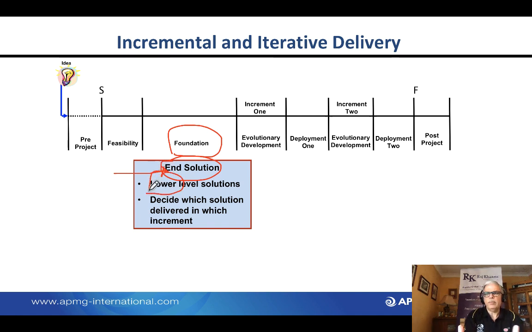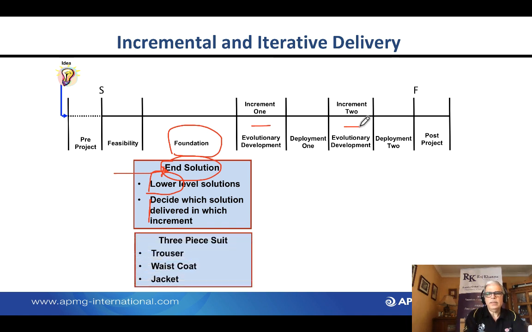So for example, in a meal, we had starter, we had main, and we had desserts. And then, having broken them down to the lower components, then decide which element would need to be delivered in increment 1, what would be delivered in increment 2. So also you will start to understand the dependencies between them.